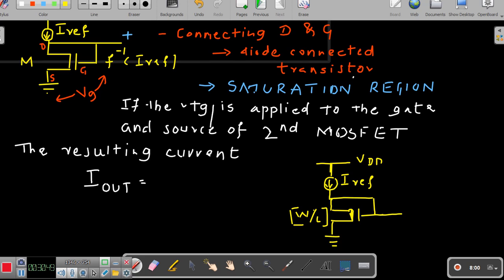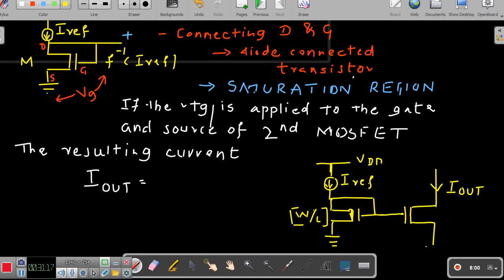Now what I am trying to do here is, if this voltage is applied to the gate and source of a second MOSFET, so now I have got a second MOSFET here, wherein this current I out I want to have independent of the supply, the process and temperature.